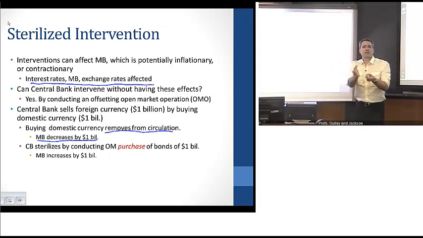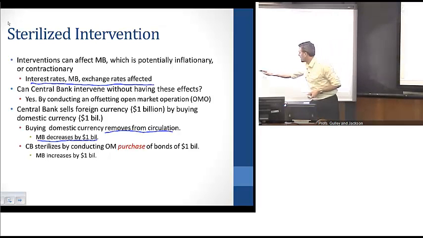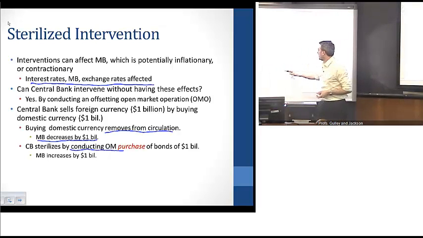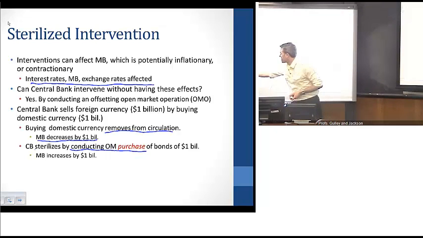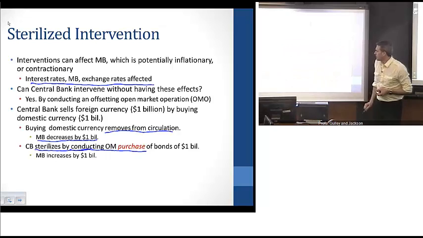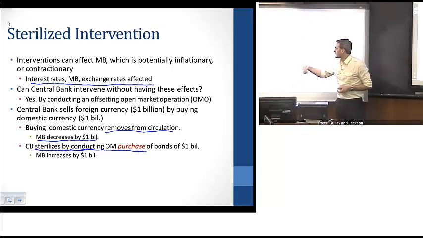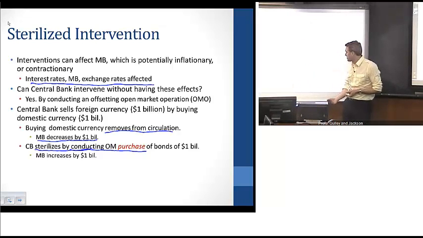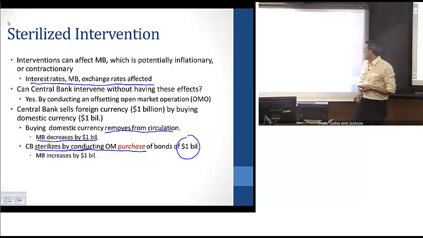So if the central bank doesn't want that to happen, what can it do? Well, in this case, it can offset that process. It can sterilize that intervention by simply conducting an offsetting open market purchase of bonds by the same amount. So in this case, it purchases $1 billion of U.S. Treasuries or something like that.